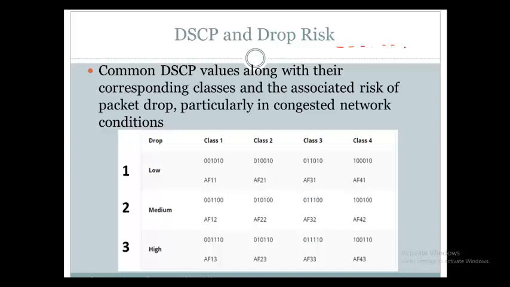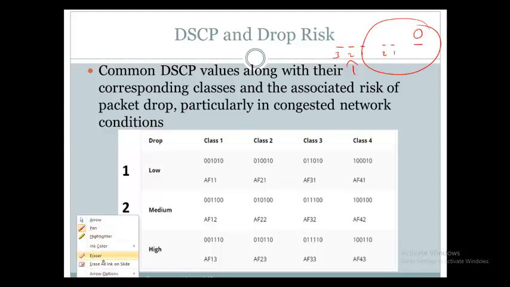For IP precedence, it will not consider these 3 bits, it will consider the higher order 3 bits of DSCP only. That is how it is compatible with IP precedence we learned in the previous pages. Here, compatibility, basic DSCP.